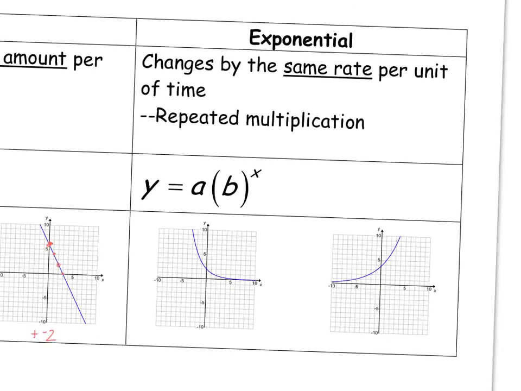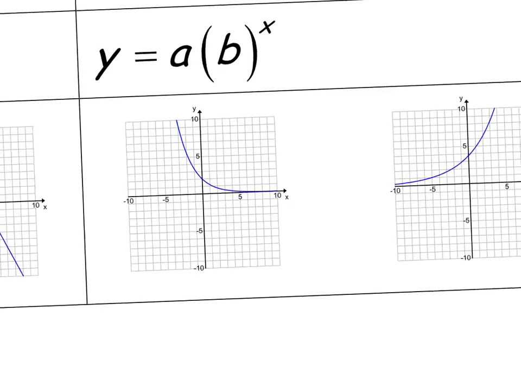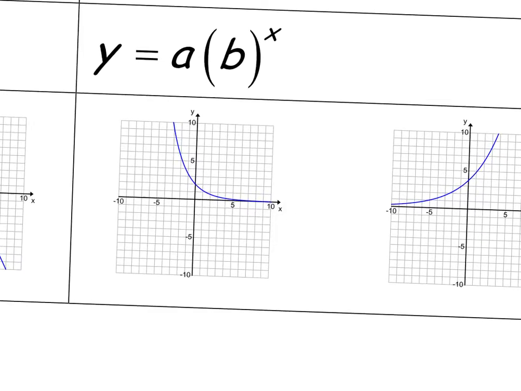Here we have exponential. So your equation is ab to the x. So it's repeated multiplication. So you multiply by 2 each time, you multiply by 4 each time, and so on and so forth. So our two graphs, we started, let's see, it's easier to do a 2.